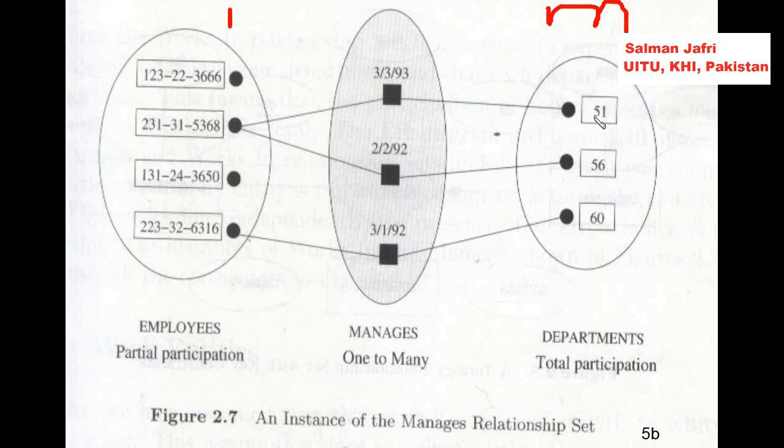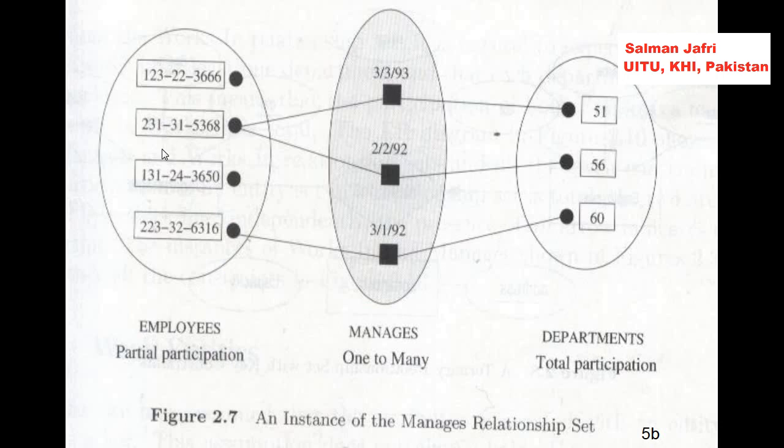Now one department is managed by one employee. This department is managed by this employee. This department is managed by this employee. So from departments, one department is managed by one employee, so it's a 1-to-1 relationship. Combining these two, we have a 1-to-many relationship, and the same has been shown over here.